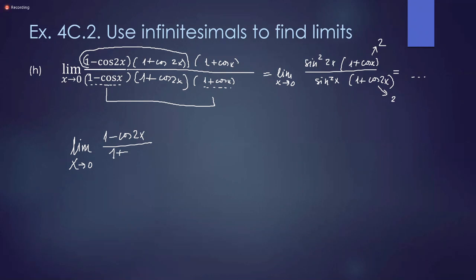Now remember that 1 minus cosine t is equivalent to t squared divided by 2. So for 2x, we have t squared divided by 2, and here we have simply x squared divided by 2. Now I will multiply by 2, so that we can cancel these things out.